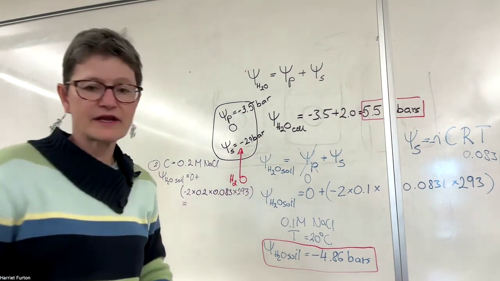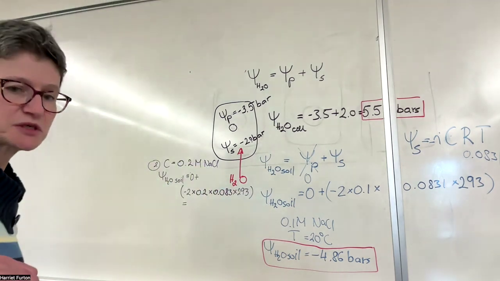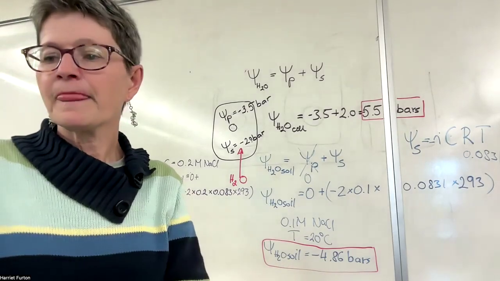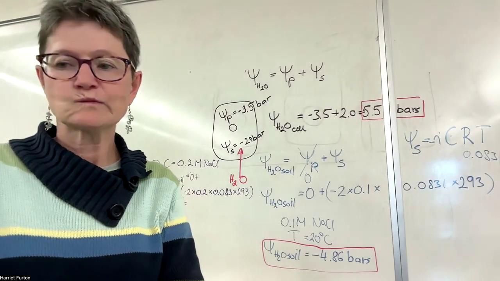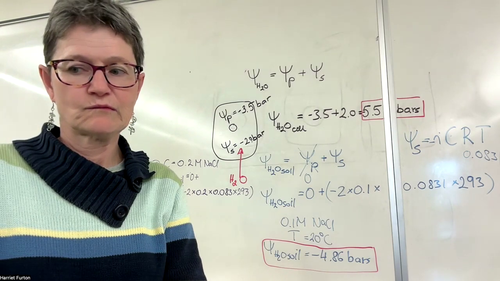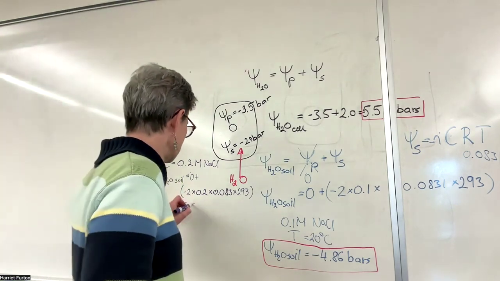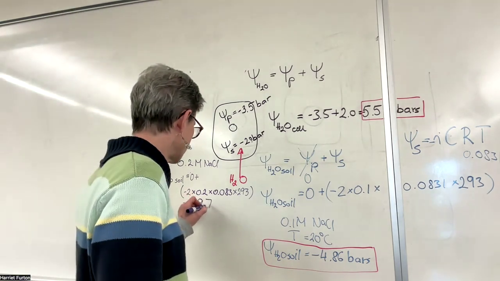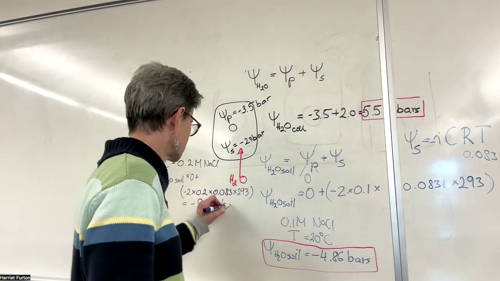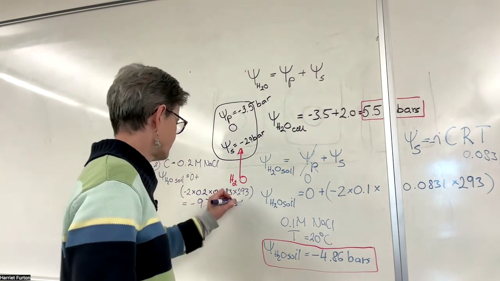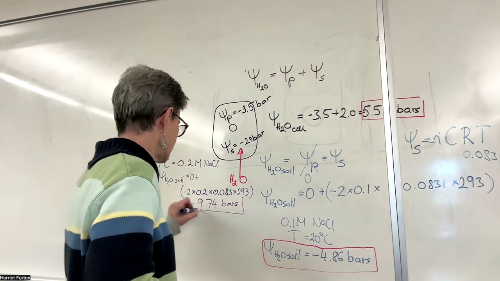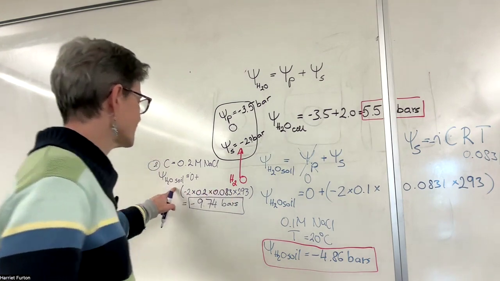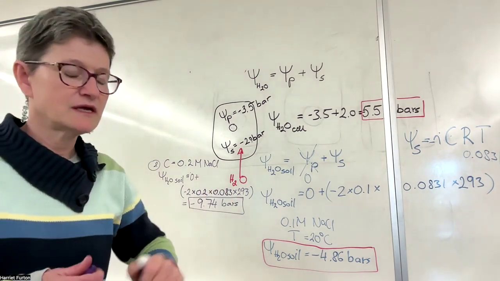And altogether, if I do the calculations in here, I will get minus 9.74 bars. Now, this is my answer for the soil's water potential.